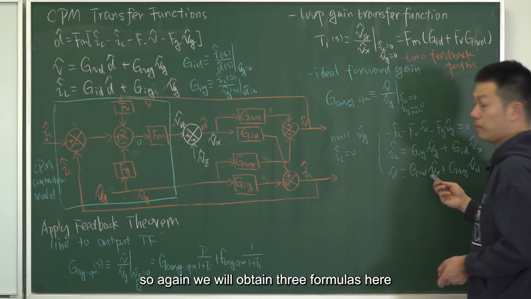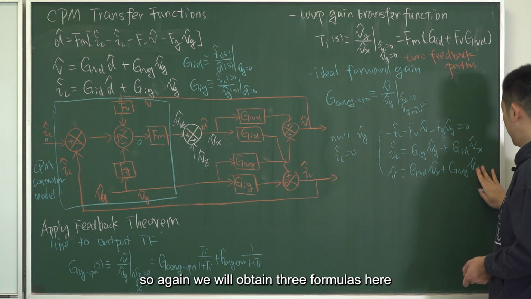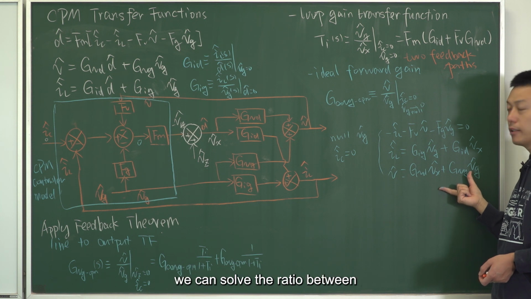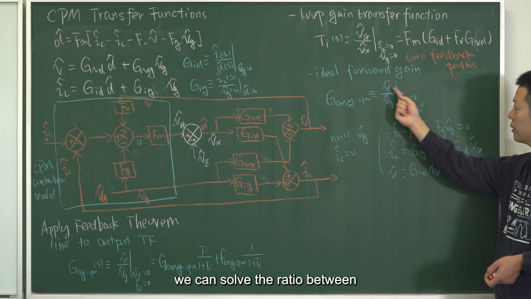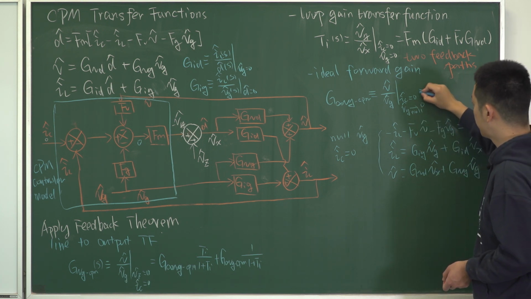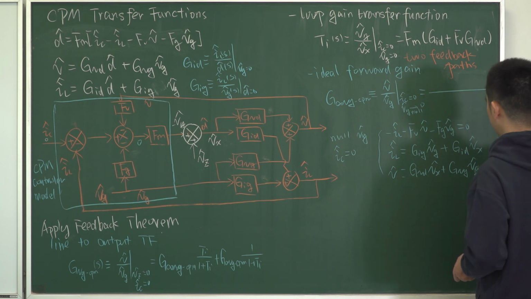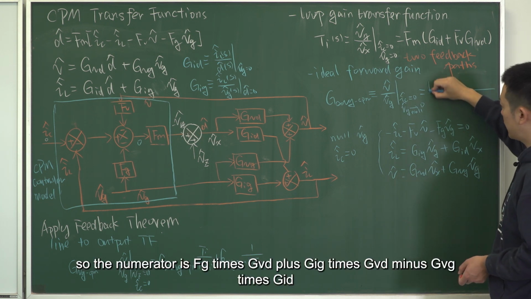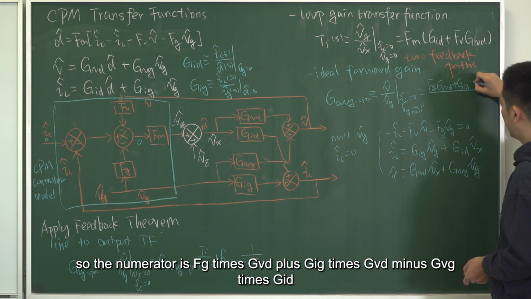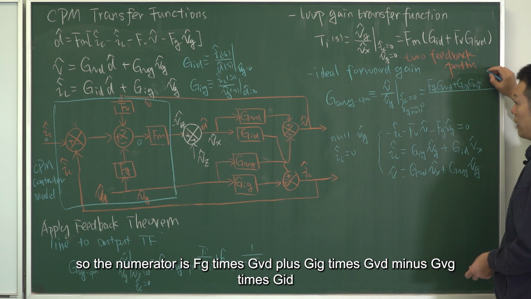So again, we obtained three formulas here. By combining those three formulas, we can solve the ratio between output voltage and line input. So this can be solved as a fraction. The numerator is Fg times GVD plus GIG times GVD minus GVG times GID.